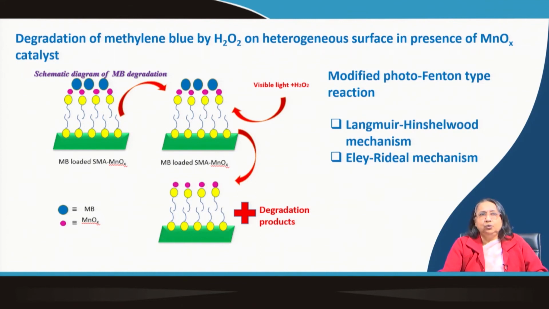This was first observed by Fenton, and he did the oxidation of tartaric acid. But after that, for a long time this reaction remained unattended. Finally, from 1960 this Fenton type of reaction has been used for pollutant degradation. A pollutant like methylene blue is also a pollutant, it is a dye.